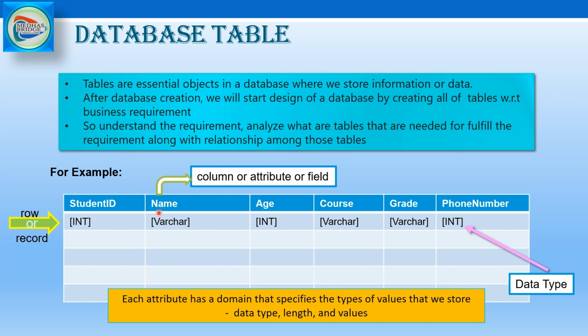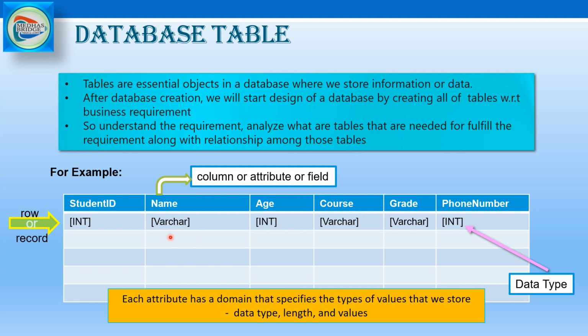Like a name, what is the domain for this name? Name is a string, right? A character set. We can also call it a varchar in the context of MySQL. So varchar is a data type which we have to declare for a name, so that name is able to store variable characters.